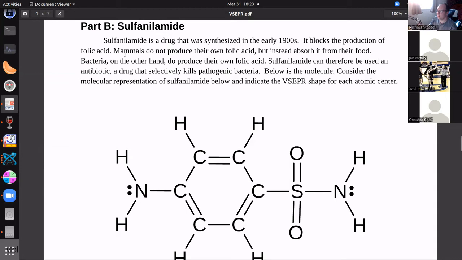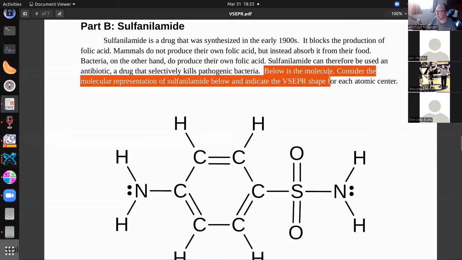If a human or some mammal took sulfanilamide, it's not going to keep us from getting our folic acid because that's not how we're getting our folic acid. It's going to block bacteria from producing their folic acid, and it's going to kill them. So this is why it can be used as an antibiotic.